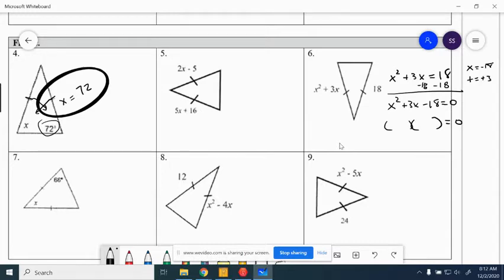How many ways can I multiply 18? Well, 18 times 1, 9 and 2, 6 and 3. I think we're going to stop there. 6 and 3 is going to work for us. We just need to have the 6 positive and the 3 negative. That way they add up to a positive 3.